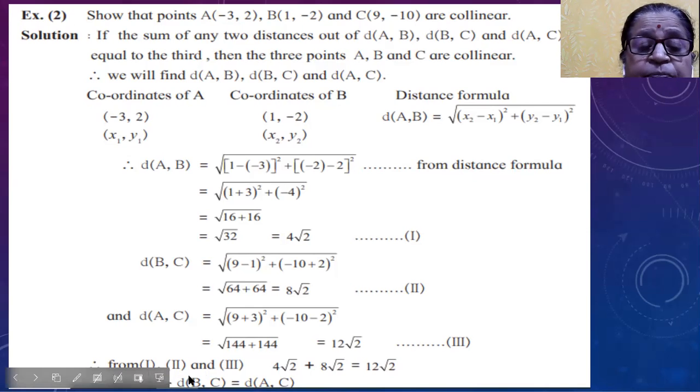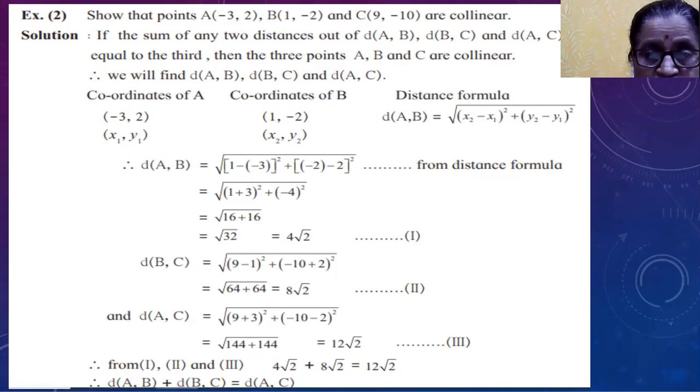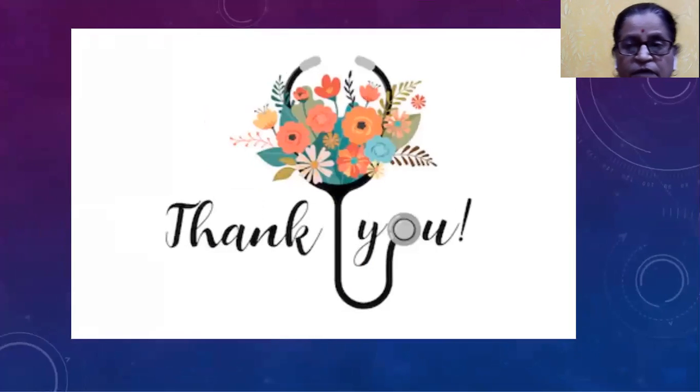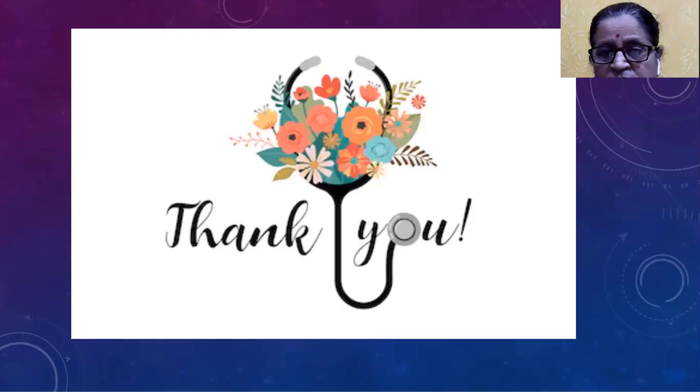So AB plus BC distance is equal to AC's distance. That is given. So take the formula and solve different examples. And if you get any problems, ask me on phone. We will discuss them.